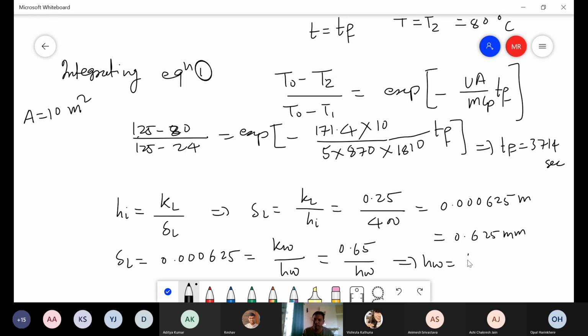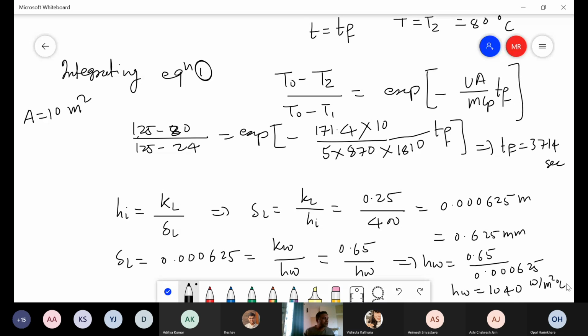So that can be given as 0.65 divided by 0.000625. So Hw comes out to be 1040, if I'm not wrong, watt per meter square degree Celsius. Check whether this is correct. Yes, sir. Correct.